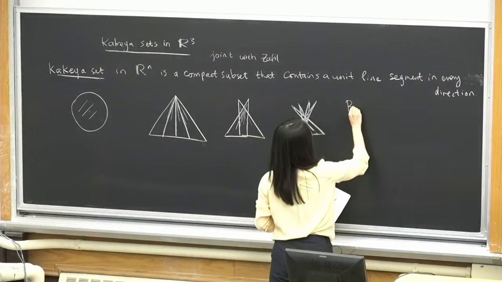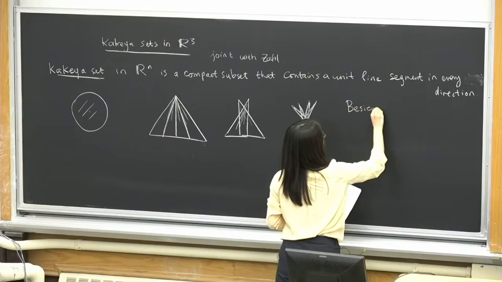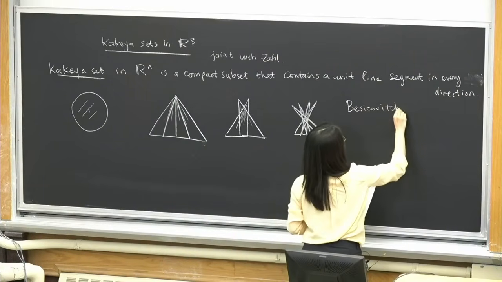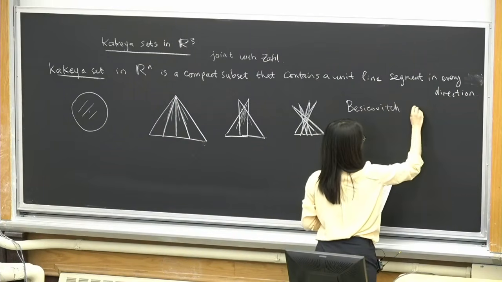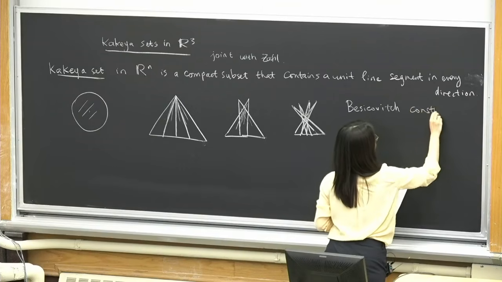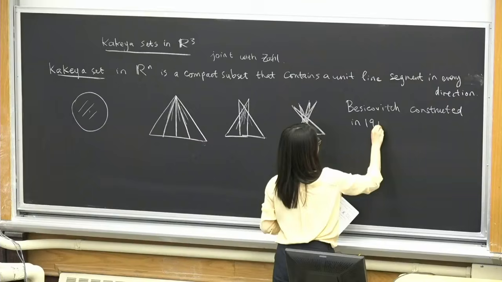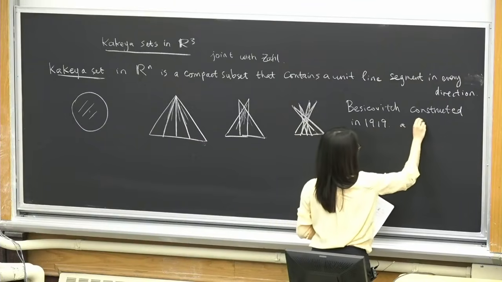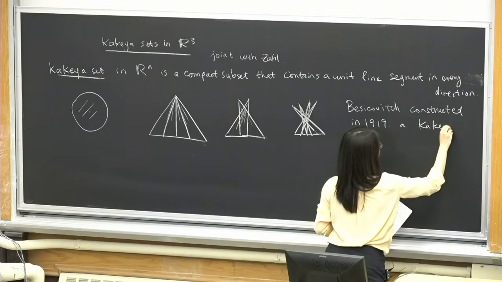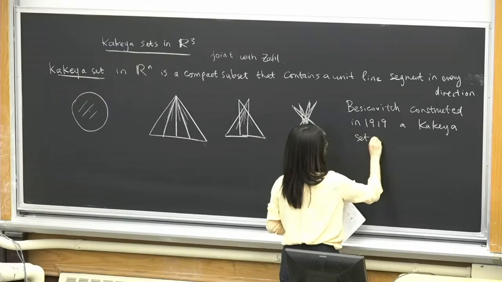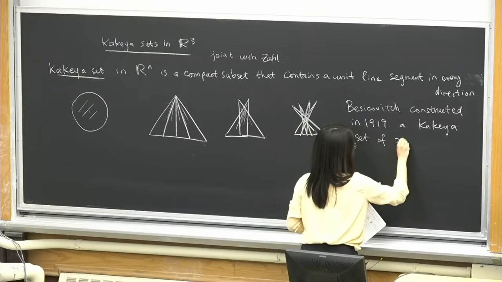This is Minkowski. He constructed in 1919 a Kakeya set of zero Lebesgue measure.